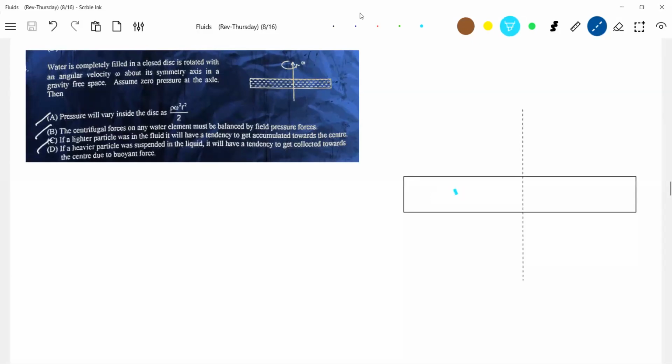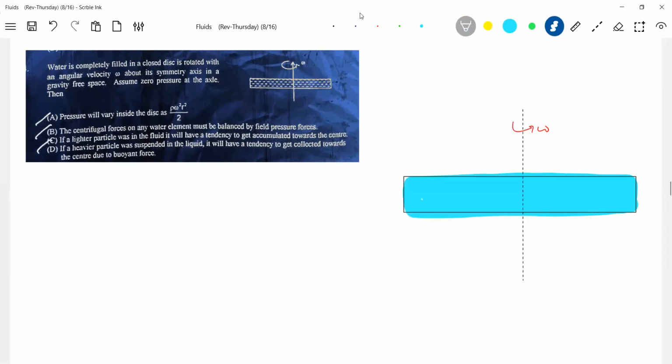Everything inside, liquid is present. I'm going to spin it. So he's given: assume zero pressure at the axle. Then he's asking, what is the method involved in such a problem?